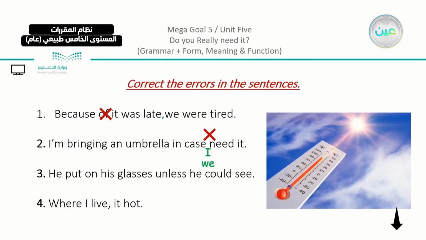So why did he put on his glasses? Because he wanted to see. So unless here is not the right part. We can say instead so that he could see. Then we have number 4, "Where I live, it's hot." Also, we can see that there is something missing. So simply, we are going to add, it is hot.